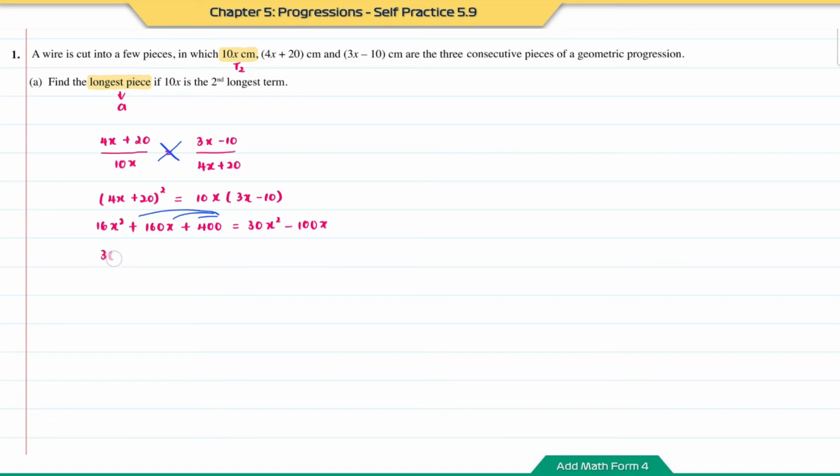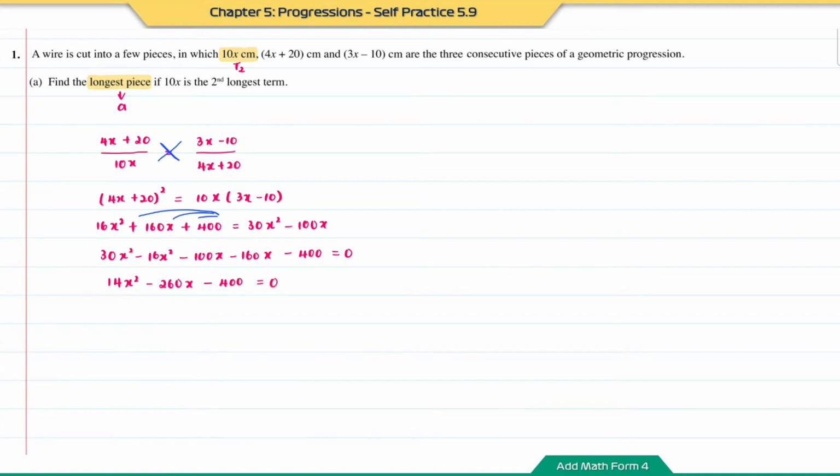So here I will get 30x squared minus 16x squared, minus 100x minus 160x, minus 400, then this is equal to 0. So 30x squared minus 16x squared, you will find the answer is 14x squared. And for the x, it will be negative 260x, minus 400 equal to 0.